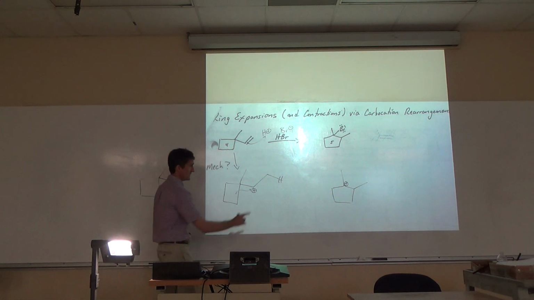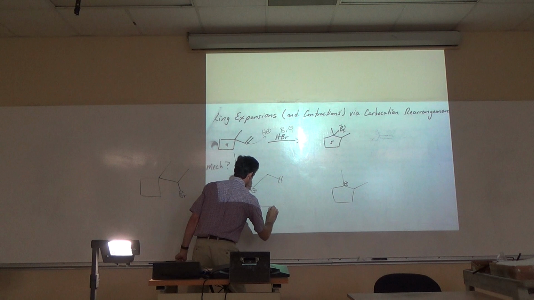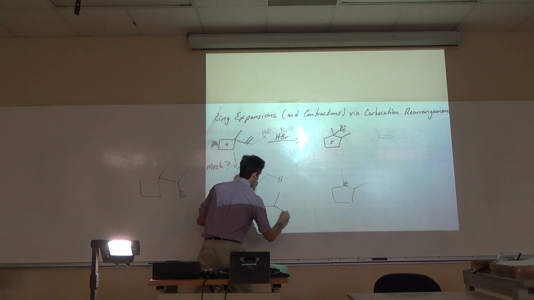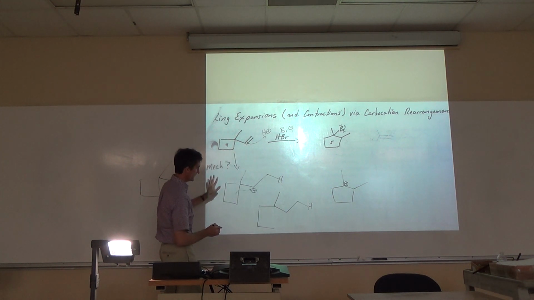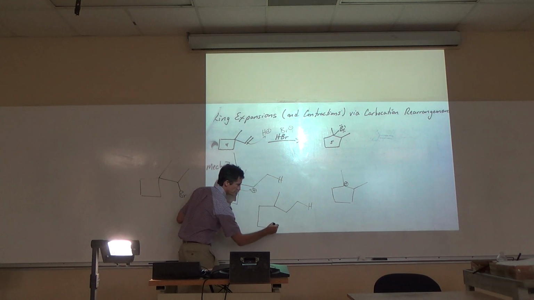Now let's look at that. I'm not going to draw it exactly like that. Let's draw it like this. We'll keep the H drawn in so it looks just like this. But instead of this here, it's now bonded here.